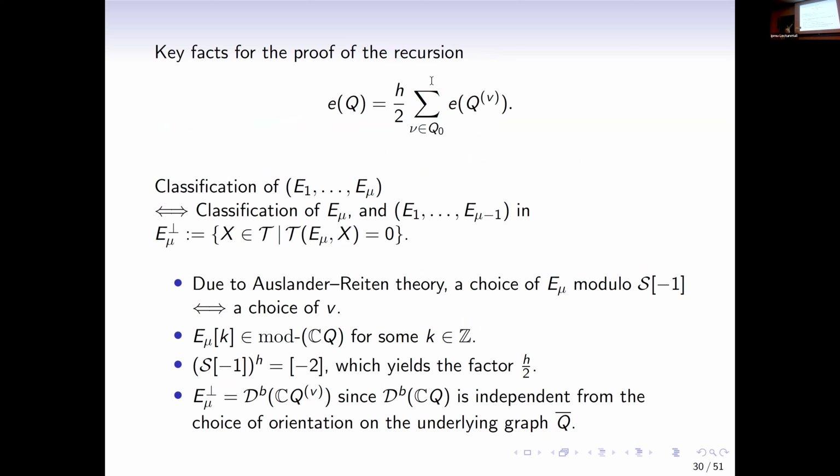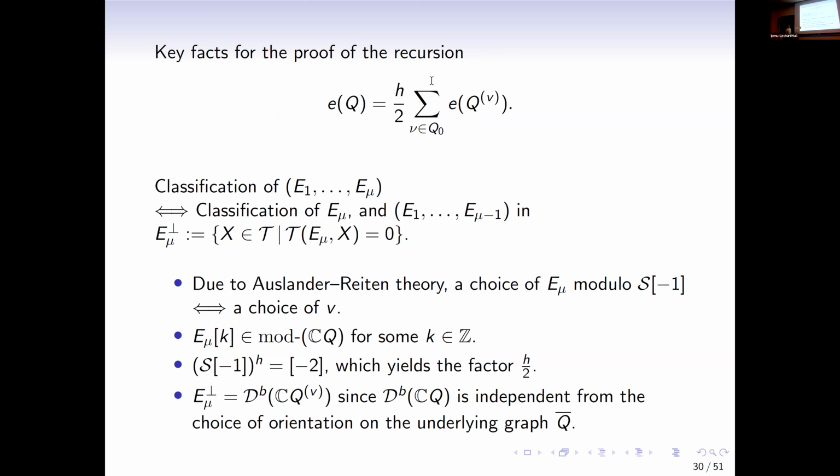So essentially, these are some ideas of the proof. In order to classify the free exceptional collections, we need to consider the last object. We need to consider the classification of the last object and the set of free exceptional collections.